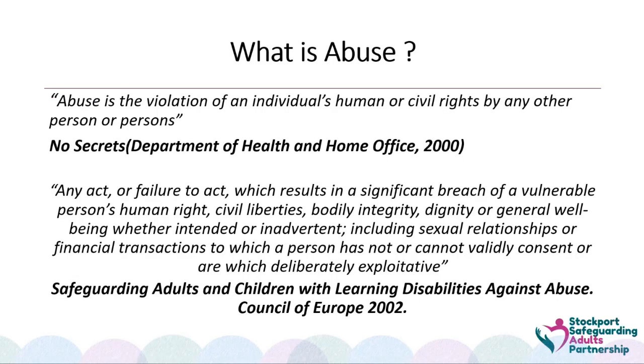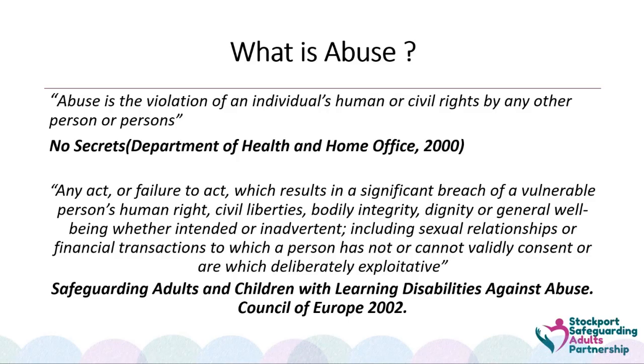Just a few quotes here from the Department of Health and the Home Office. No Secrets: abuse is the violation of an individual's human or civil rights by any other person or persons. Again, relating back to that power and control that a person has over another.